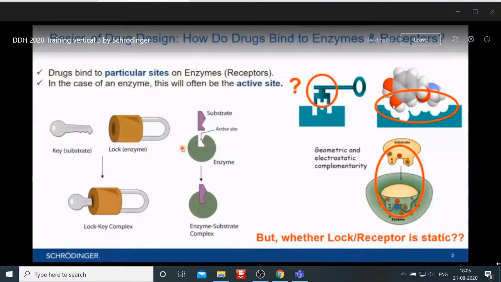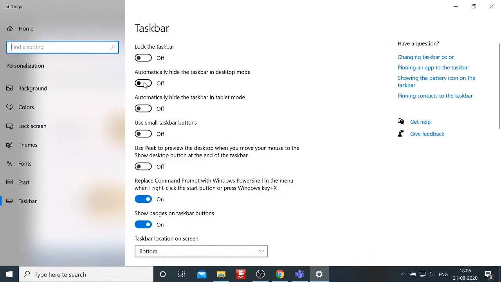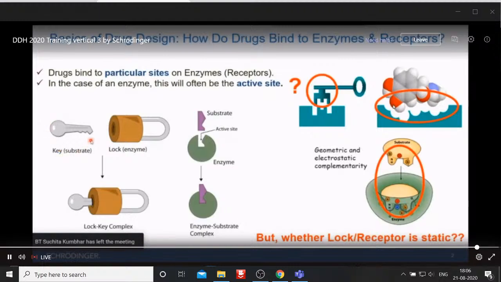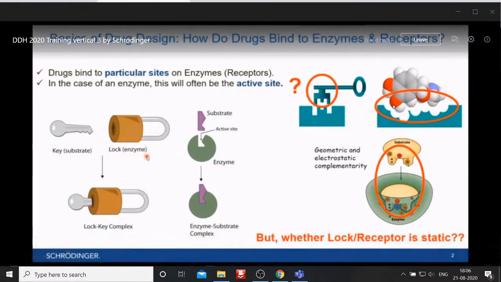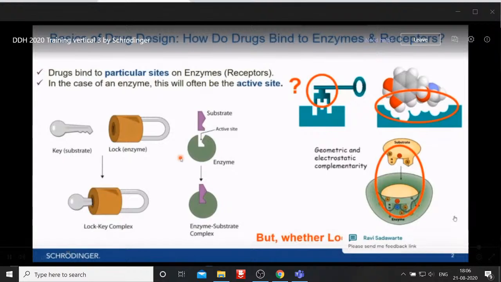The enzyme-substrate complex is the same as the lock and key model, and the whole idea of drug designing or drug discovery is to find the best key amongst all available keys, or not only to find the best key, but to design a new key for your particular lock. Here our lock is an enzyme, or receptor or any biomolecule.